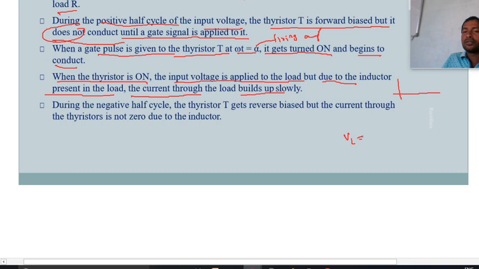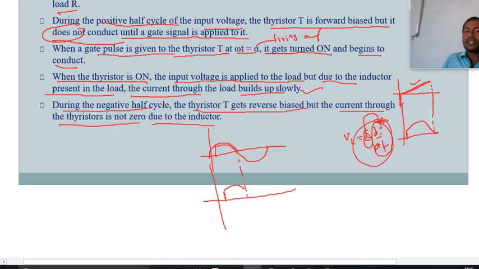During the negative half cycle, the thyristor is reverse biased, but the current through the thyristor is not zero due to the inductor. So this is a negative half cycle, but the thyristor will be turned on here.